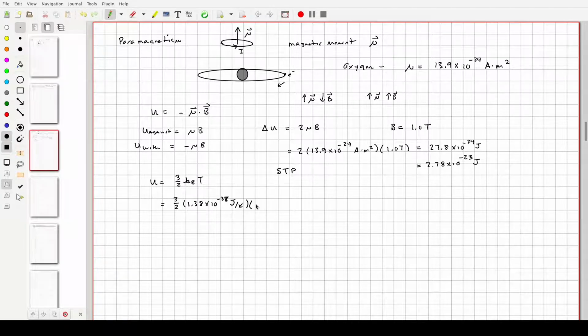And at standard temperature and pressure, that's 273 Kelvin. Well, if we do the math here, you end up with something like 5.65 times 10 to the minus 21st joules.